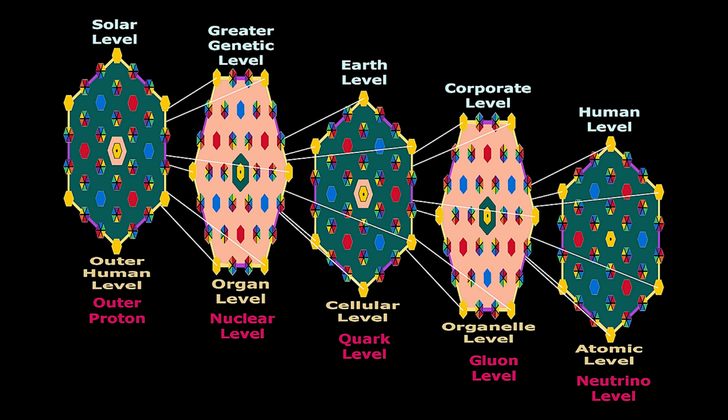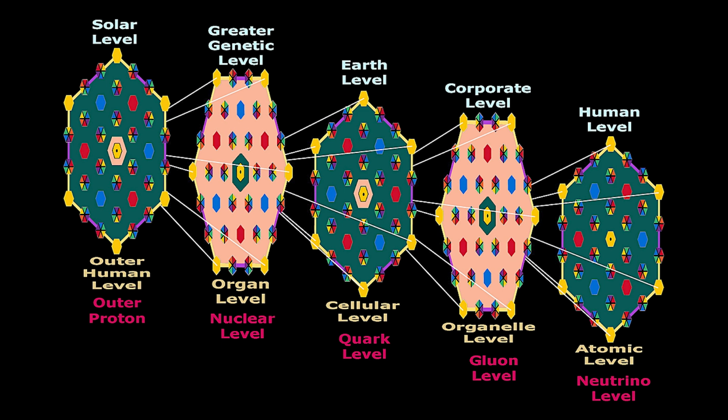And now here's just another big kind of epiphany. Think about the organelle level. What do corporations do? They take the bounty, the energies of the earth, and figure out a way to spread them out to all the human beings. So our industrial or corporate level is a positive energy level. Don't get that confused with the fact that right now corporations are doing too much for corporations and not for humans.